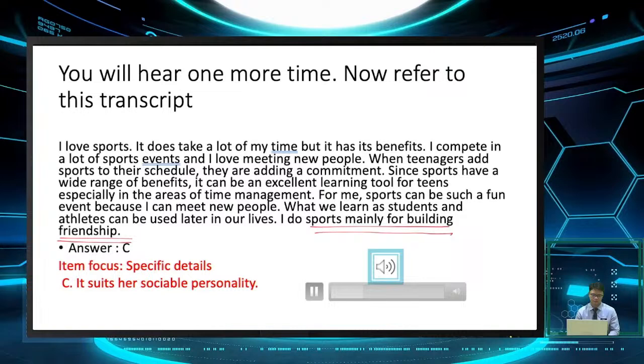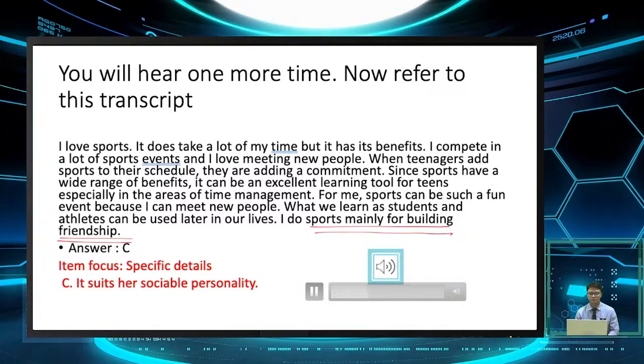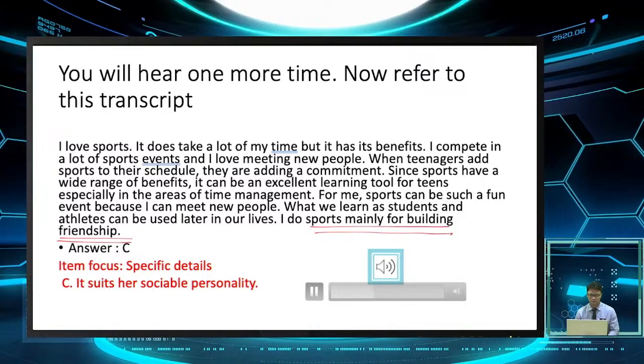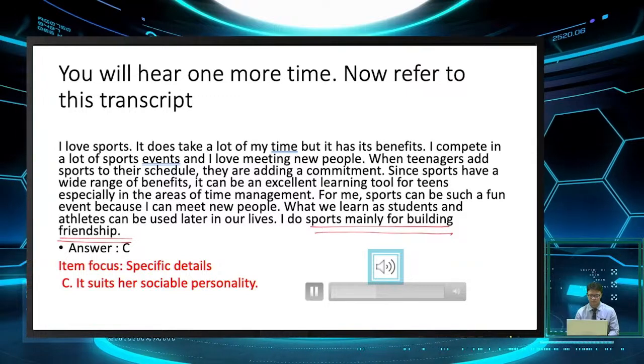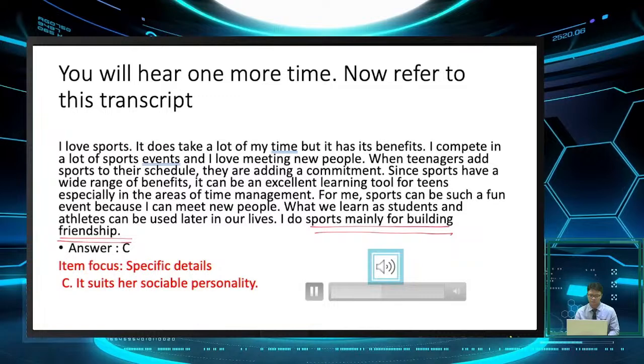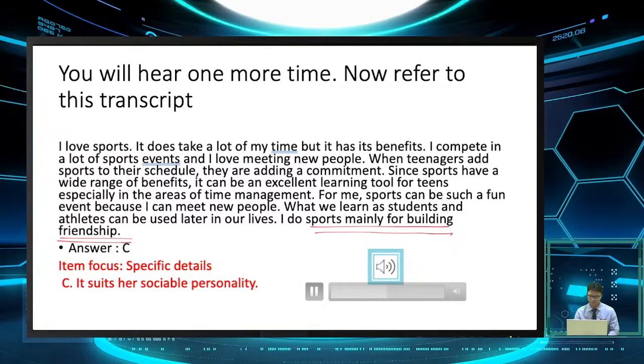Since sports have a wide range of benefits, it can be an excellent learning tool for teens, especially in the areas of time management. For me, sports can be such a fun event because I can meet many new people. What we learn as students and athletes can be used later in our lives. I do sports mainly for building friendship.